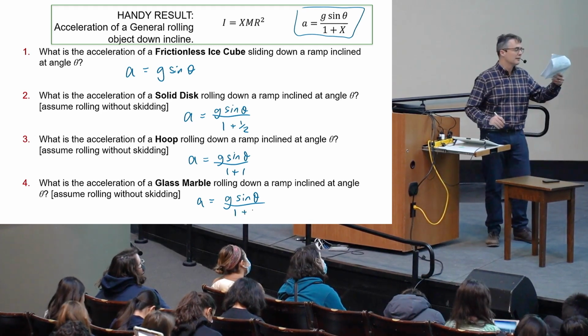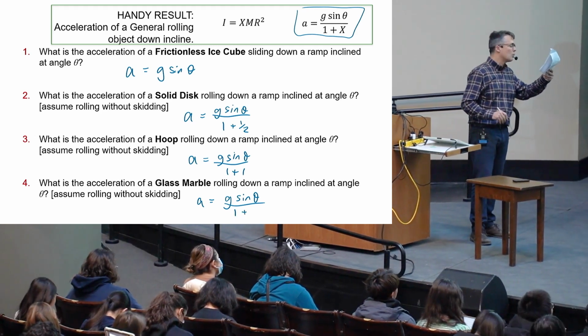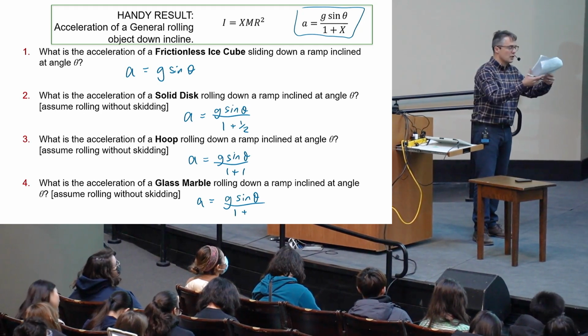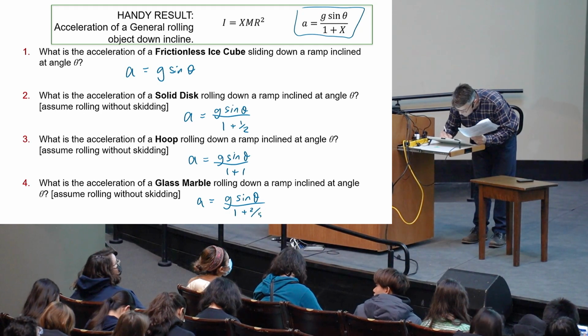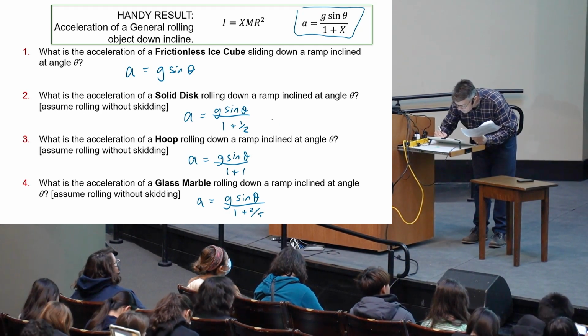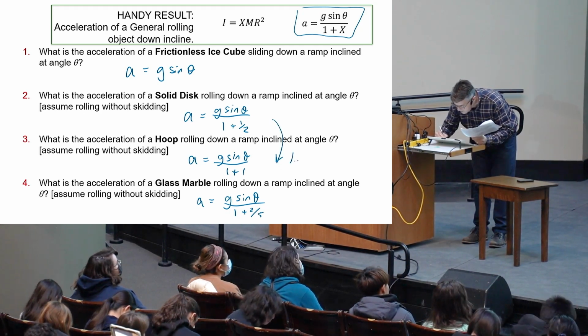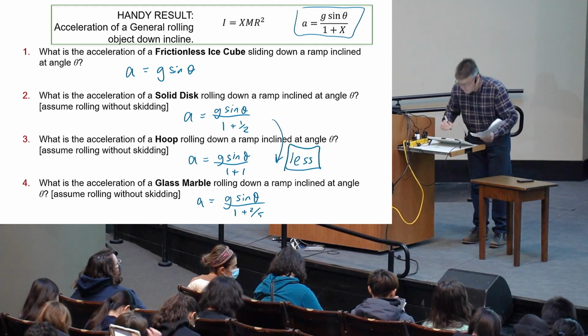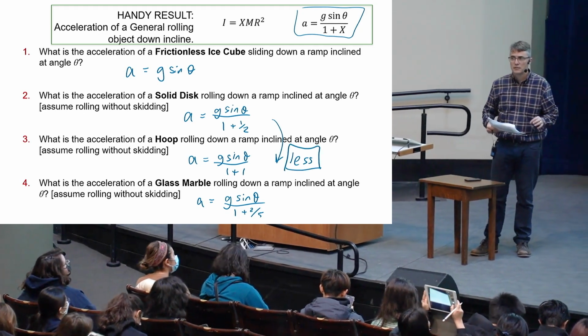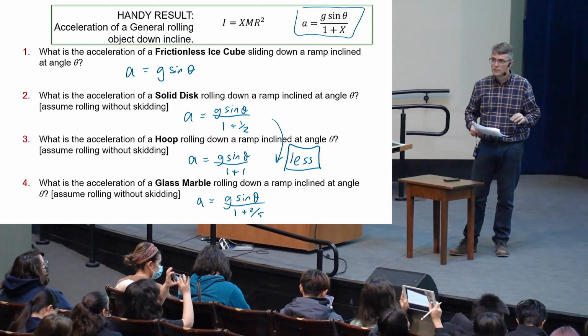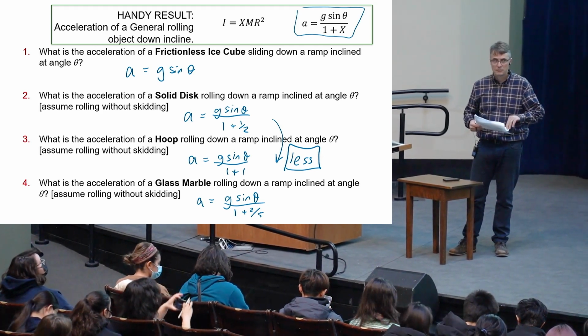Does anyone remember? Solid sphere was 2/5 mr squared, so 2/5, etc. But anyway, this is less. Hoop accelerates slower than solid disk, which is why solid disk wins.